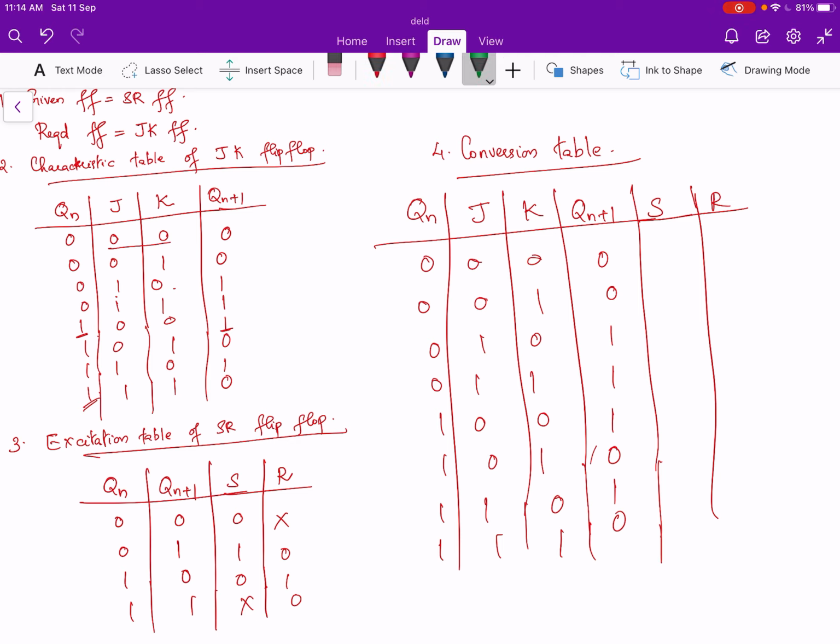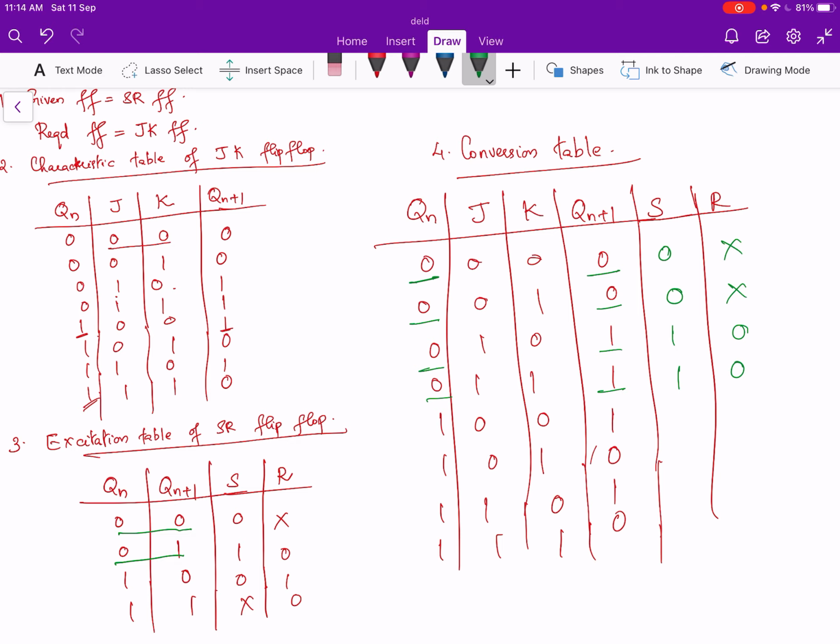Now we can write S and R. Corresponding to Qn 0 and Qn plus 1 0, S is 0 and R is don't care. Corresponding to Qn 0 and Qn plus 1 0, again it is 0, don't care. Corresponding to 0 1, these two cases are 0 1, so SR is 1 0.